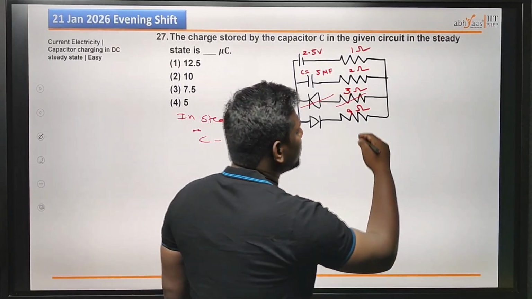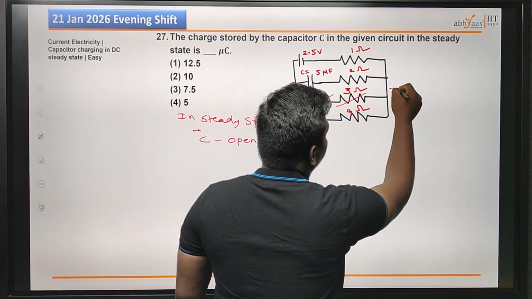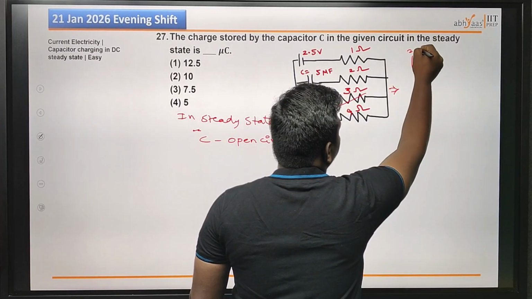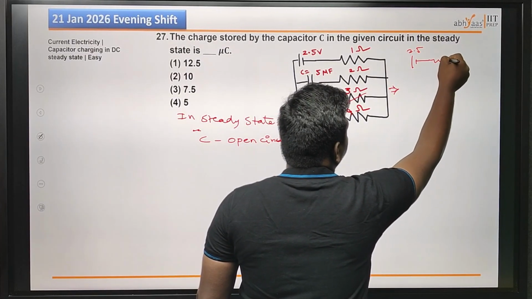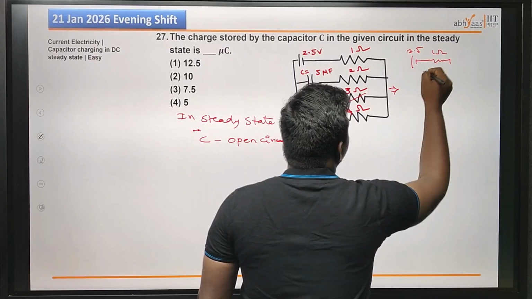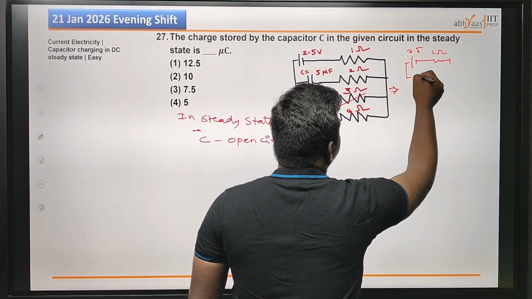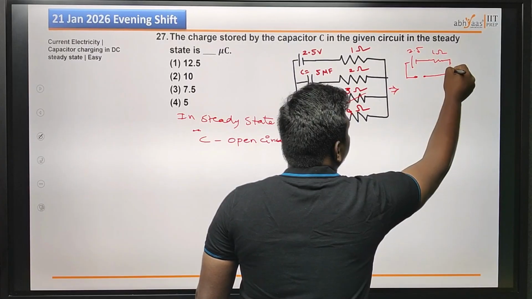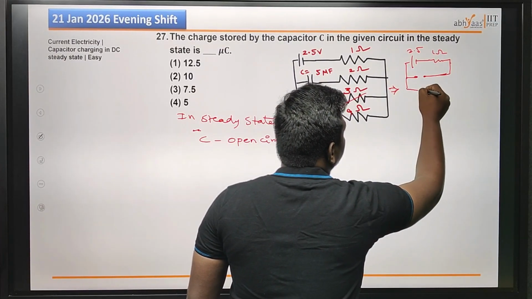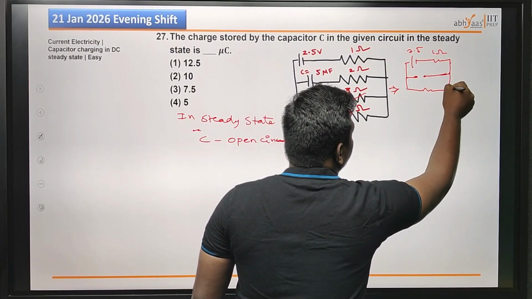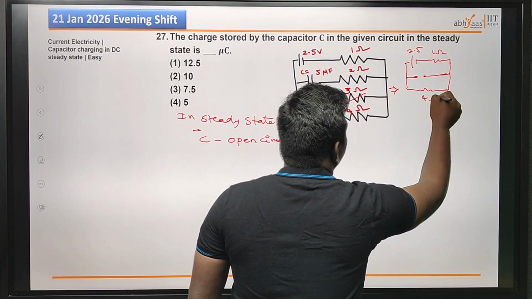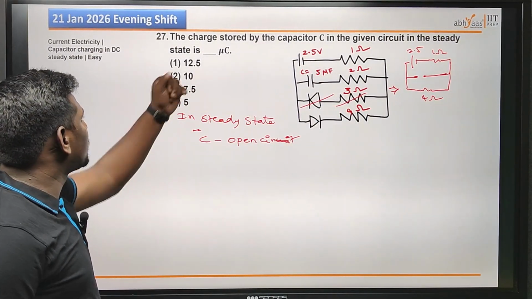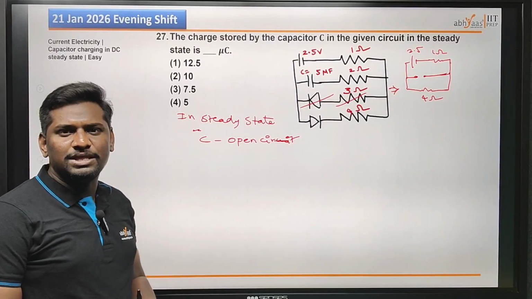If you rewrite the circuit, we have 2.5 volts and one resistor of 1 ohm, this is our open circuit due to the capacitor, and one more resistor of 4 ohm. I want to find the charge stored by the capacitor.